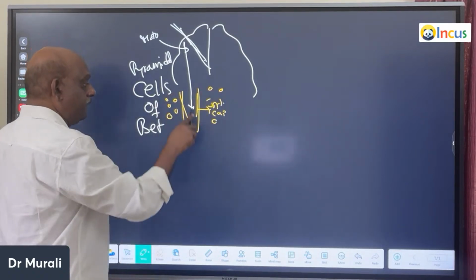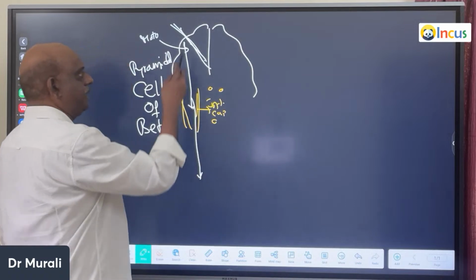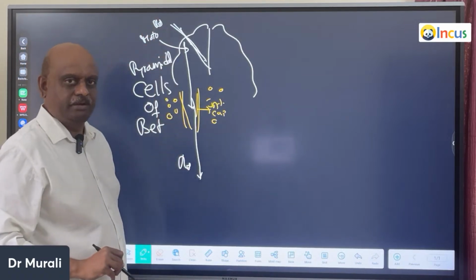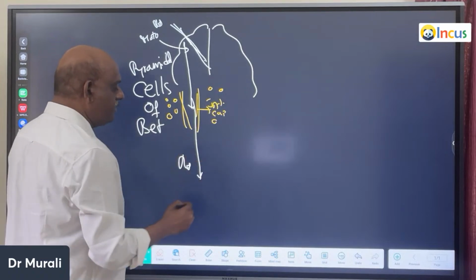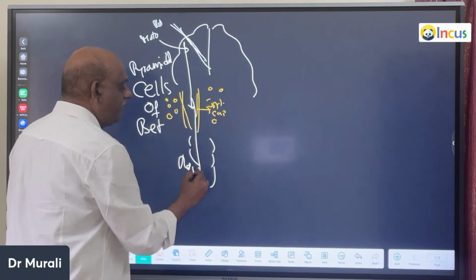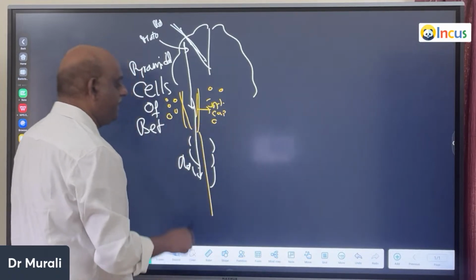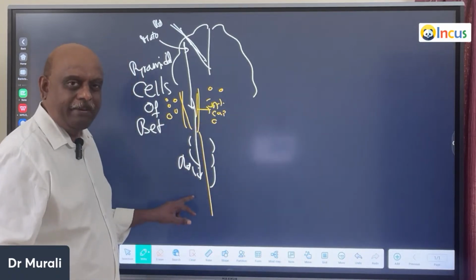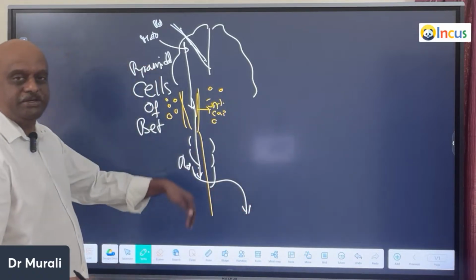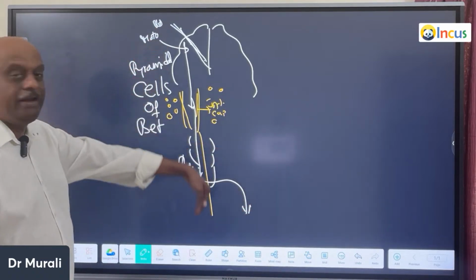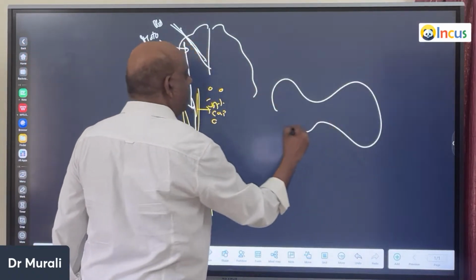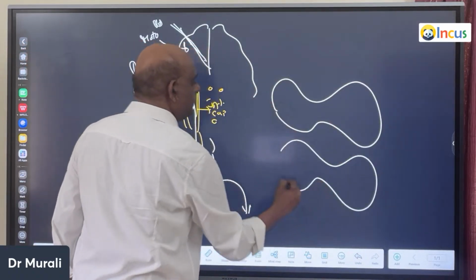Okay? From there it will descend down ipsilaterally, that means right is going down on the right side. Then it crosses the midbrain, pons and medulla. Once it reaches, let us say this is the midline, the lower part of the medulla, it undergoes decussation to the opposite side. Right became left. Then on the left side you have the spinal cord at various levels.